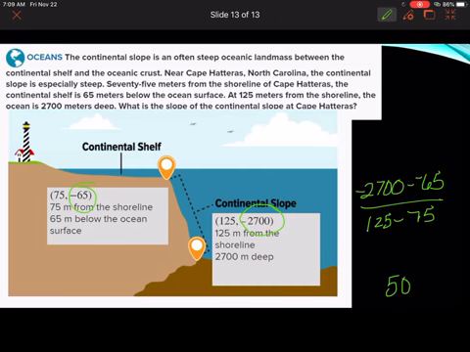So the x is 50, and -2635. I can go ahead and divide, and the slope is negative 52.7. We know it's negative because it's going downhill.